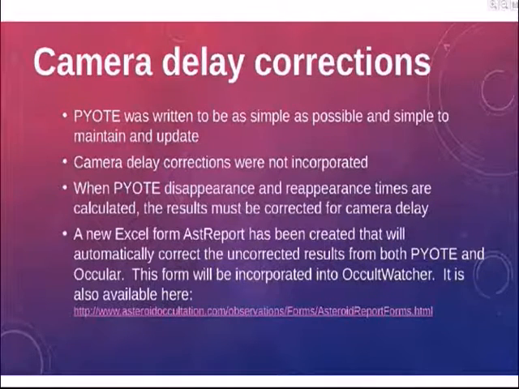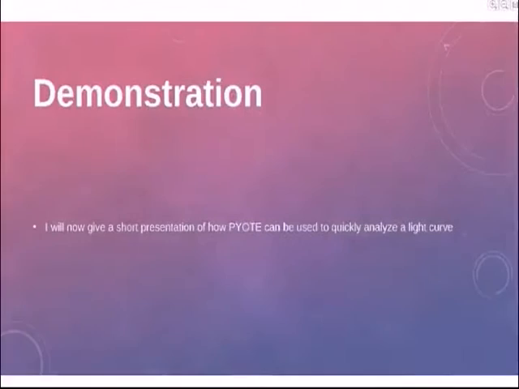And Brad says maybe the release will be in Occult Watcher soon. We hope so. That form is available on Brad's website. I provided a link here on this slide as well. Next slide.